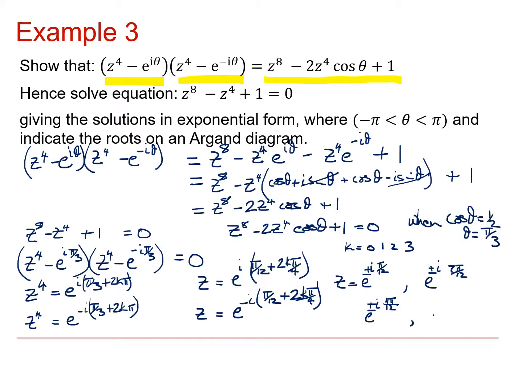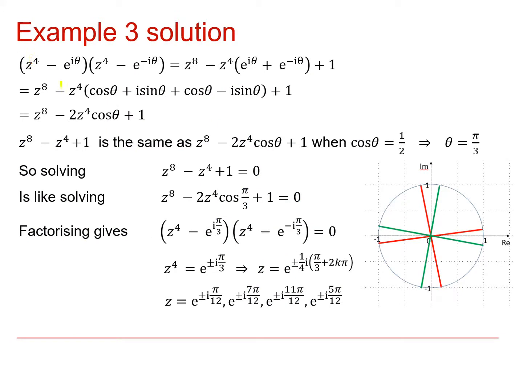And finally we're going to get e to the i 5 pi by 12, and again plus or minus, and that one's been brought into range as well. There's that written up more easily for you.